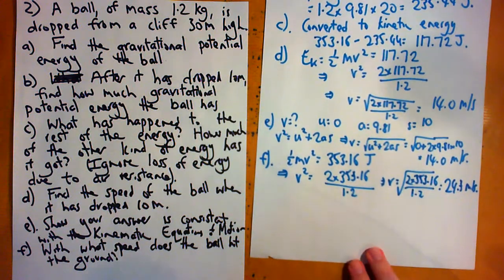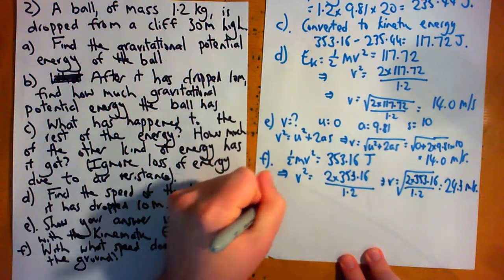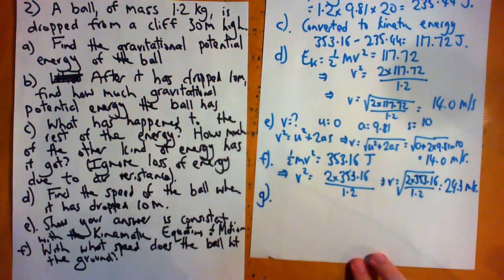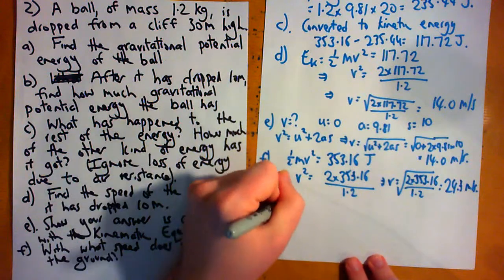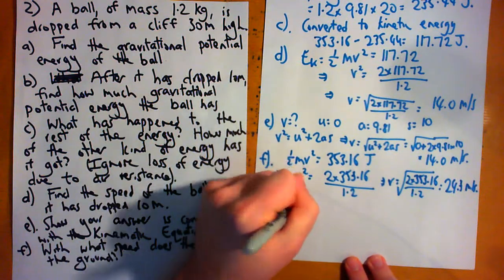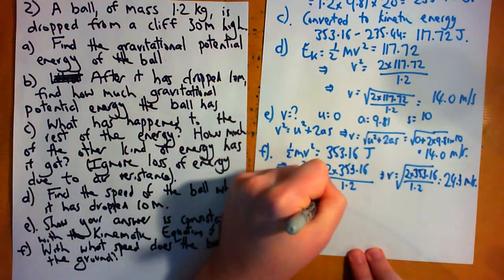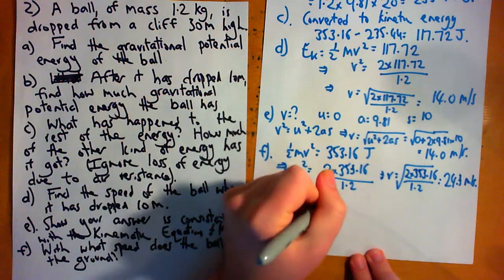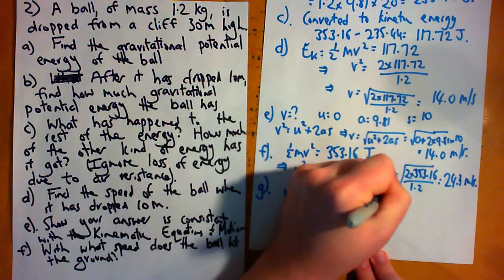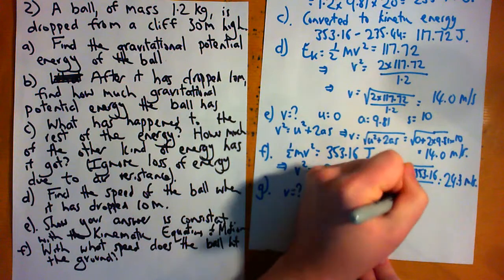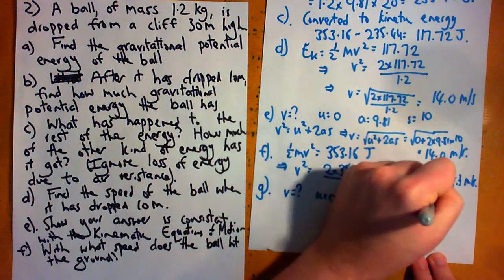And then we also need to verify that this is consistent with the kinematic equations of motion. So we've got v equals, we want to find that out. u is still 0, a is 9.81, and s is now 30.